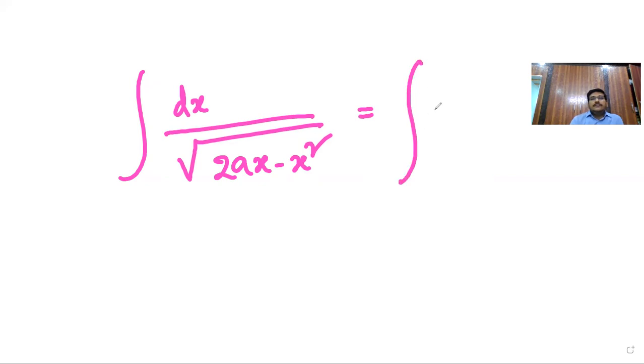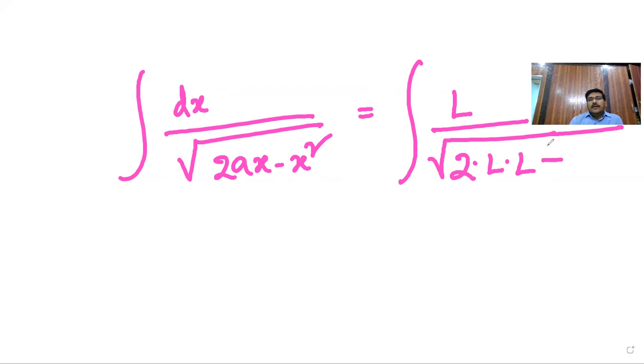So for this dx, I simplify dx, that is L, a small elemental distance. Under the root, 2a is also distance, and x is also distance, minus x into x, that is, in place of x, L square.